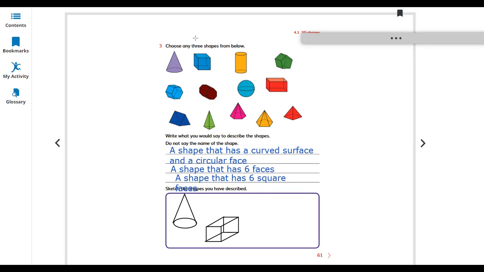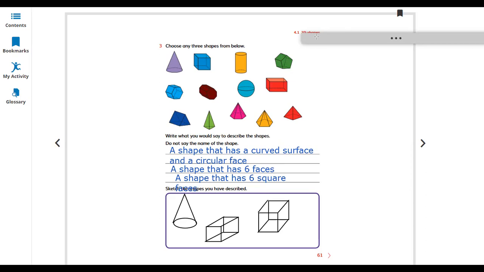And the third, it's a cube. So cube, cuboid, and cone. So these are the descriptions of these three shapes.